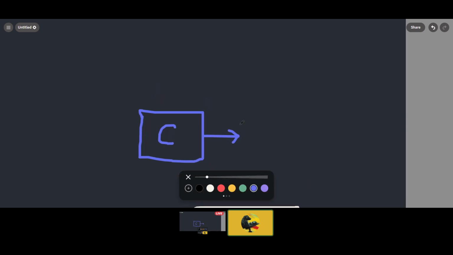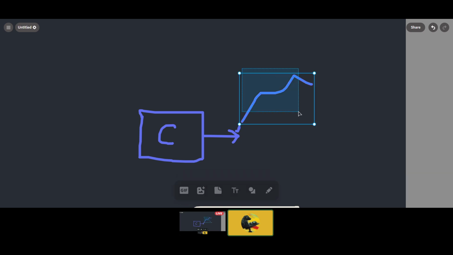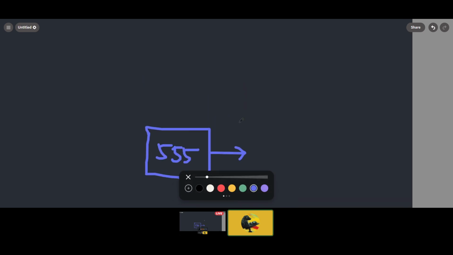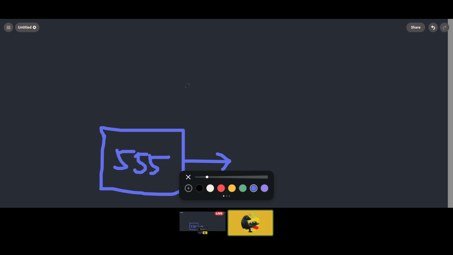So then you take a multimeter and measure it, and you see it's periodically producing 5 volts, 0 volts, 5 volts, 0 volts. So this is pretty much just a 555 timer. Let's say it is outputting 5 volts to 0 volts to 5 volts every 1 second.